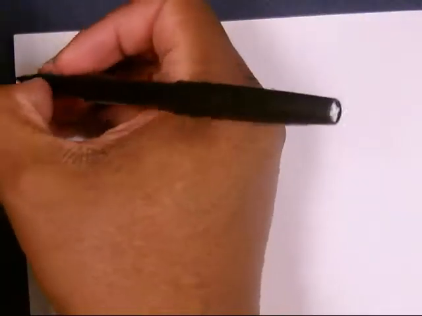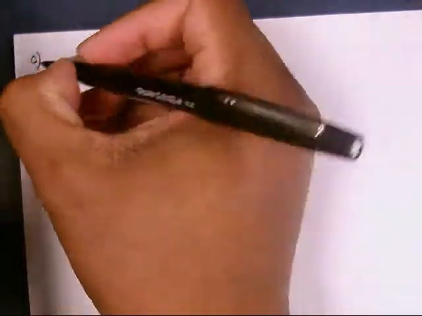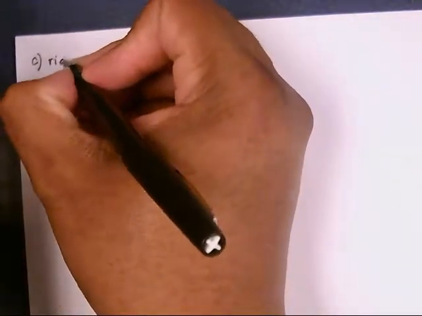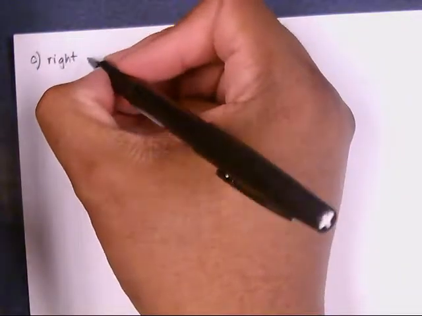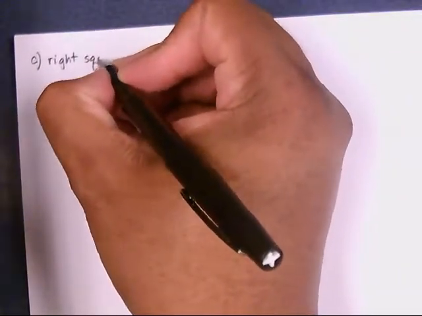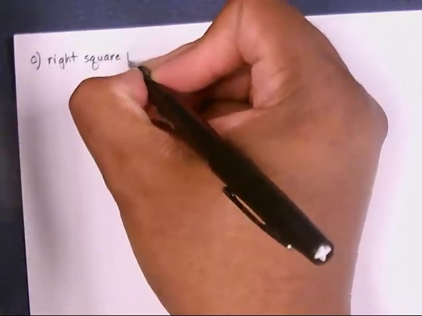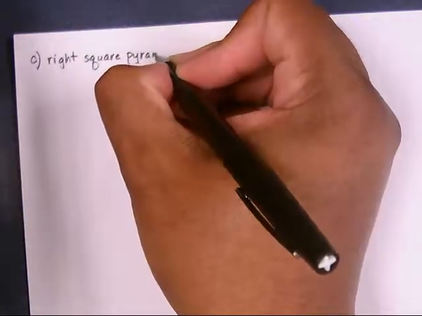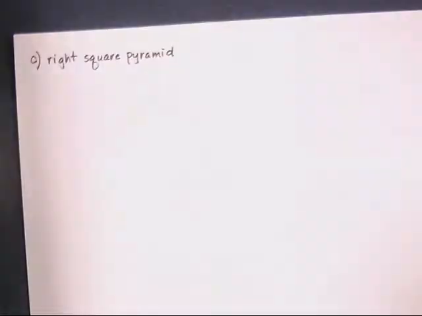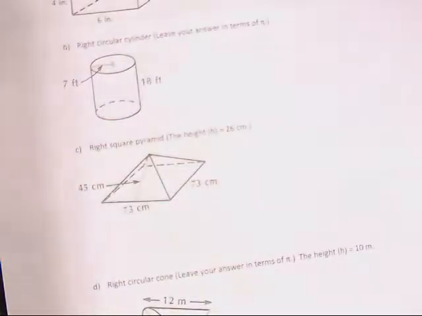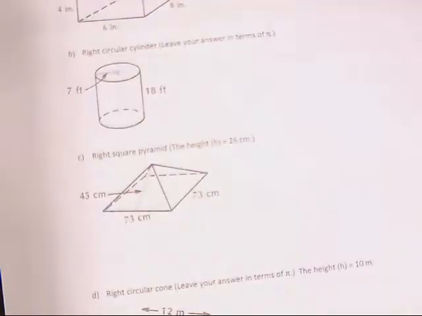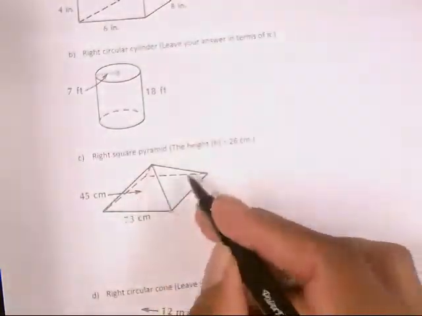Okay, part C is a right square pyramid. So here's our right square pyramid.